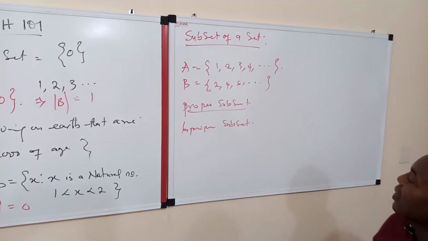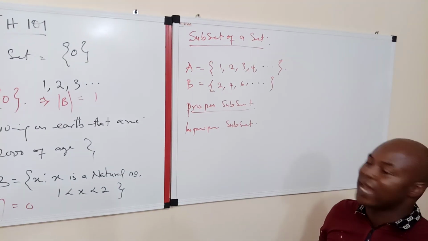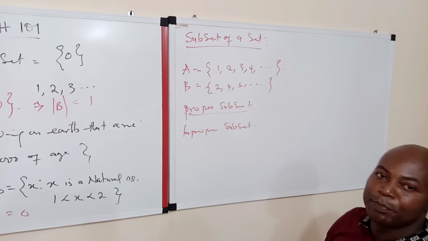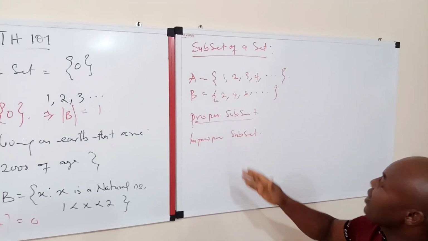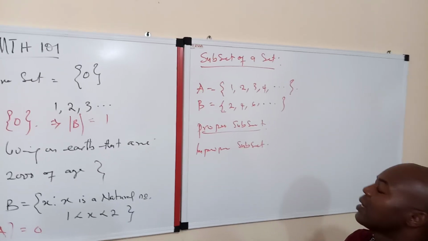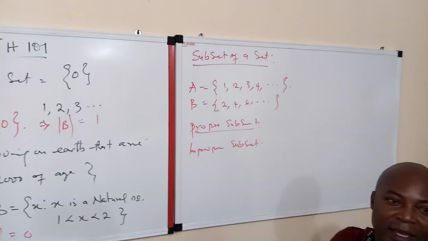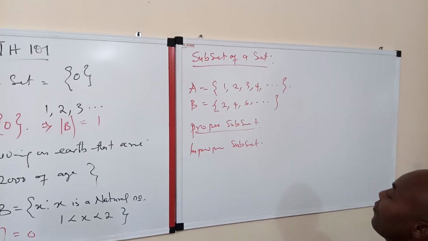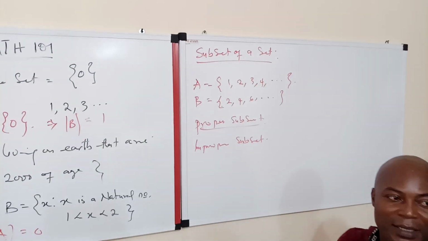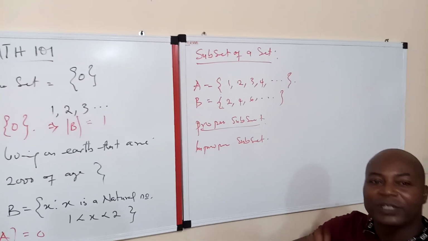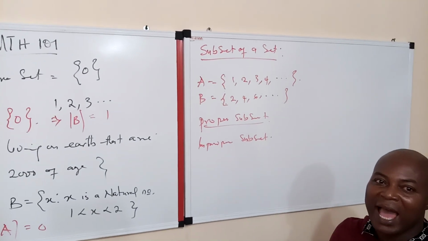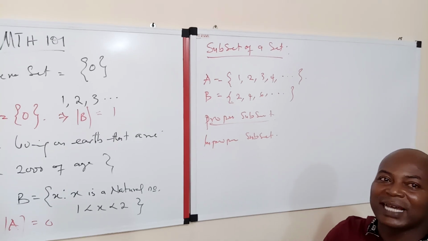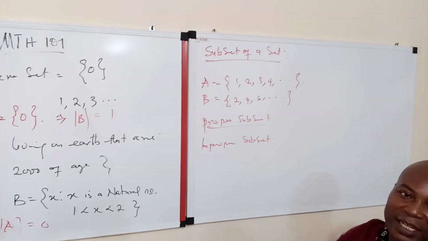Given two sets, say A and B, we are saying B is a proper subset of A if and only if all the elements in B are contained in A, and there are also some elements left in A which are not contained in B.